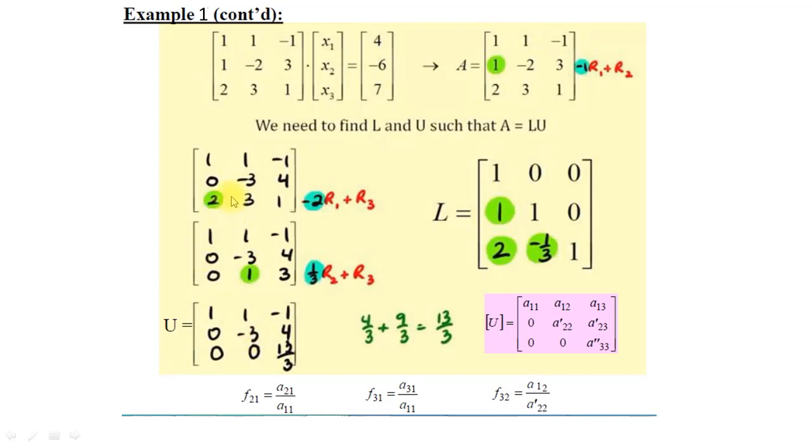So A12 is 1 and A'22 is -3. So in the lower triangular matrix, this unknown is -1/3. Now this is the upper triangular matrix and this is the lower triangular matrix. So here we decompose the matrix A into a lower triangular matrix and an upper triangular matrix.